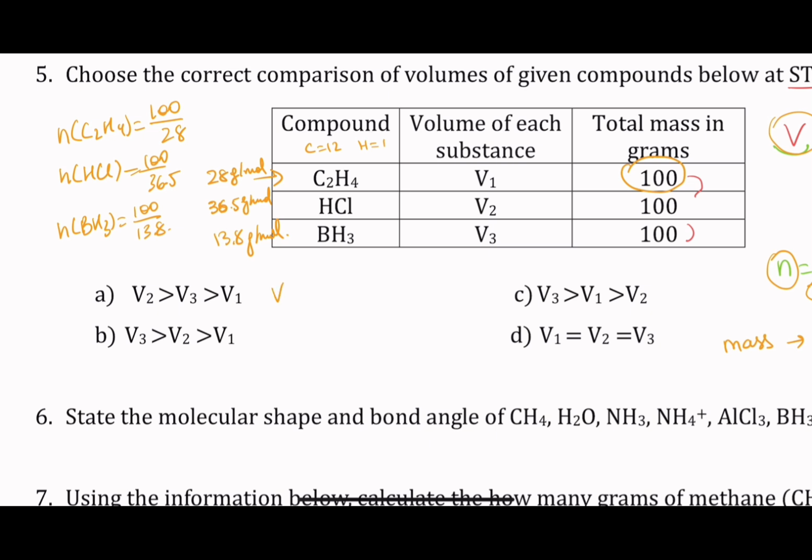V of C2H4 would be 100 multiplied by 22.4 divided by 28. V of hydrochloric acid would be 100 multiplied by 22.4 divided by 36.5. And V of BH3 would be just 100 multiplied by 22.4 divided by 13.8.